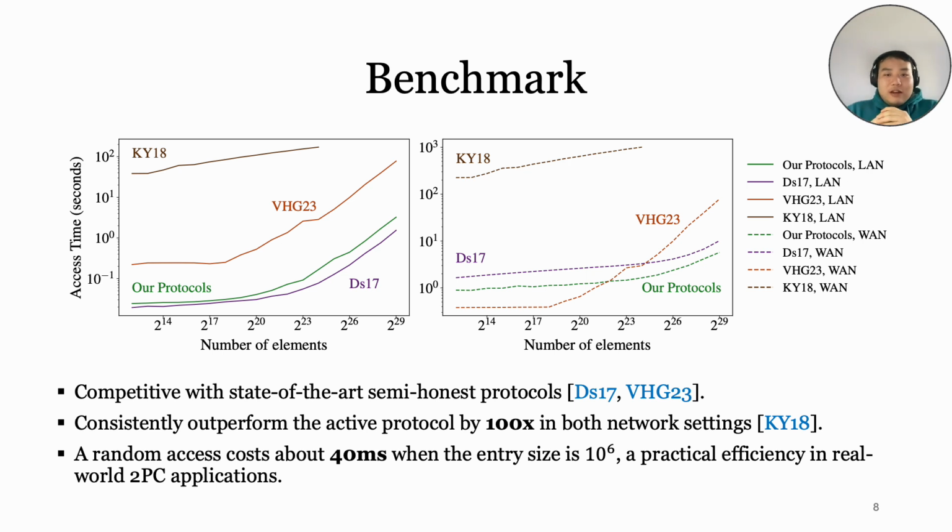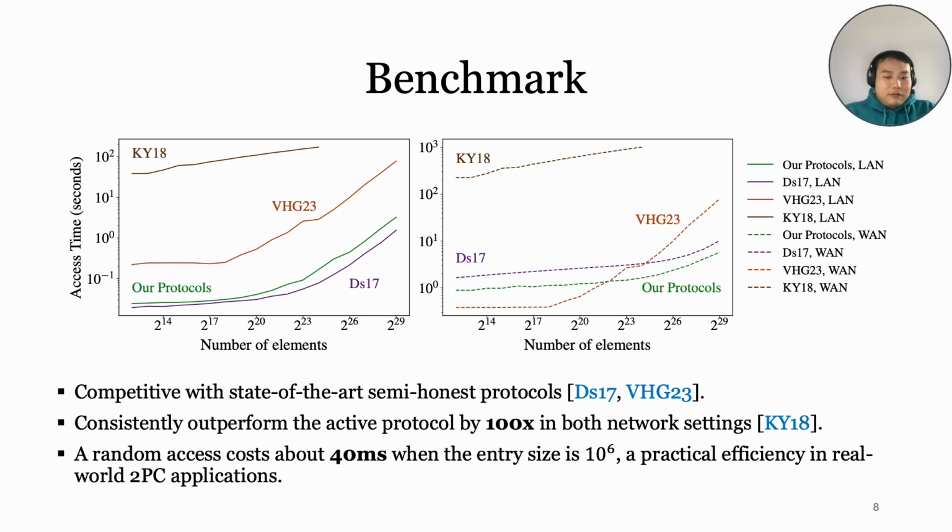We benchmark the efficiency of our protocols along with DI17, VHG23, and KY18 by comparing the wall-clock time per access to the size of memory for each one in both network settings. Here we would like to mention that VHG23 is the state-of-the-art semi-honest secure RAM-based 2PC protocol in the LAN setting.